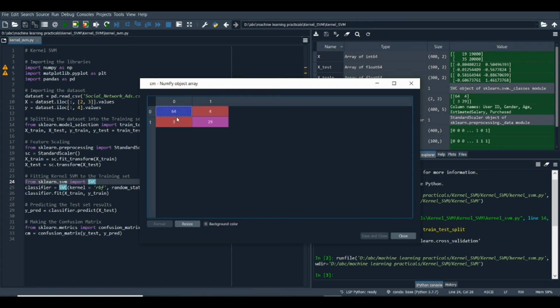Here it makes the classification with an accuracy of around 64 plus 29, that is 93, so about 93%, which is 3% more than the previous. So it's quite great. You can try to play around with the code by changing the kernel to different values such as sigmoid, poly, and others.